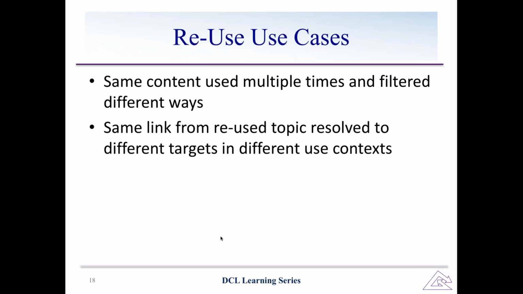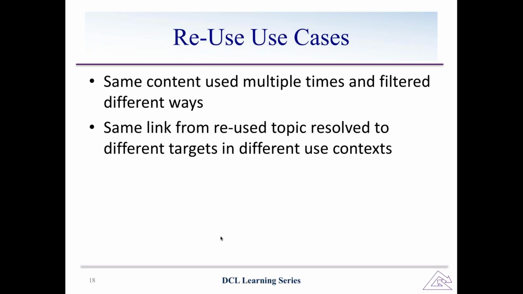So from a single topic as authored, I want to have a single link in that go to the appropriate place in each of the different scopes that topic's used in, right? So if I have a generic installation topic, for example, I might have a link that says, here's the assembly, here's the cover removal instructions, which are different for each different model that these instructions otherwise apply to, right?